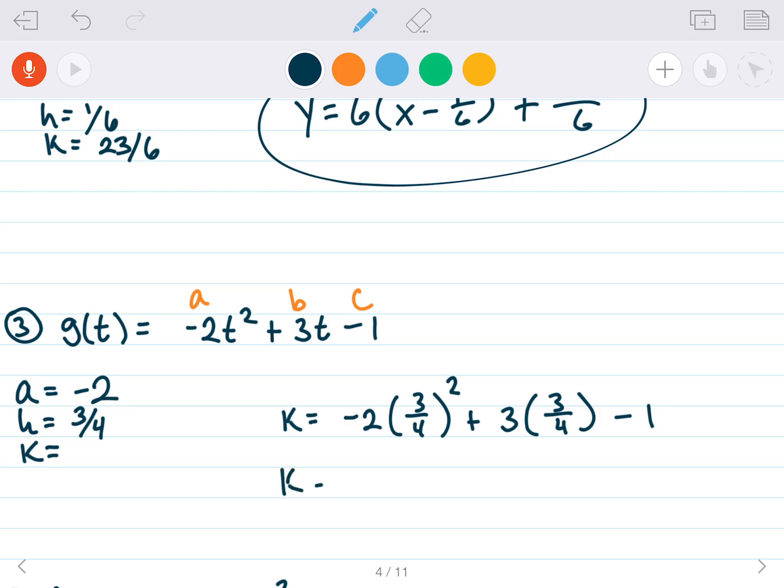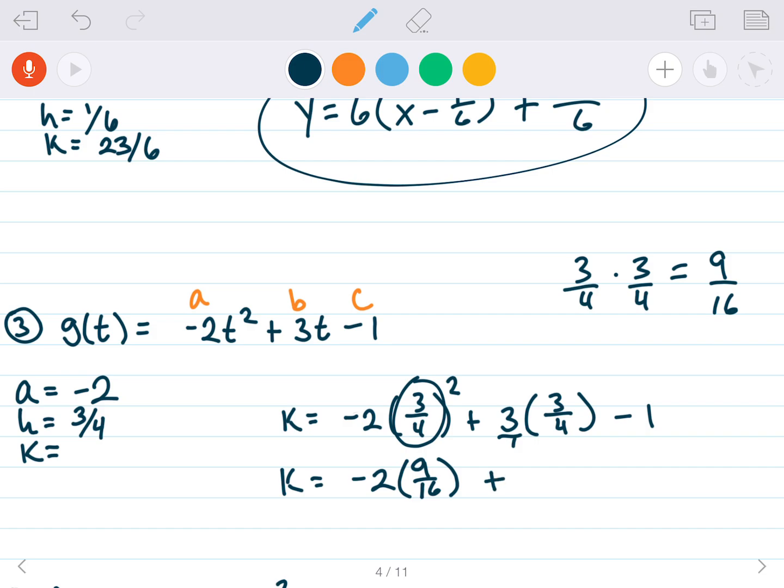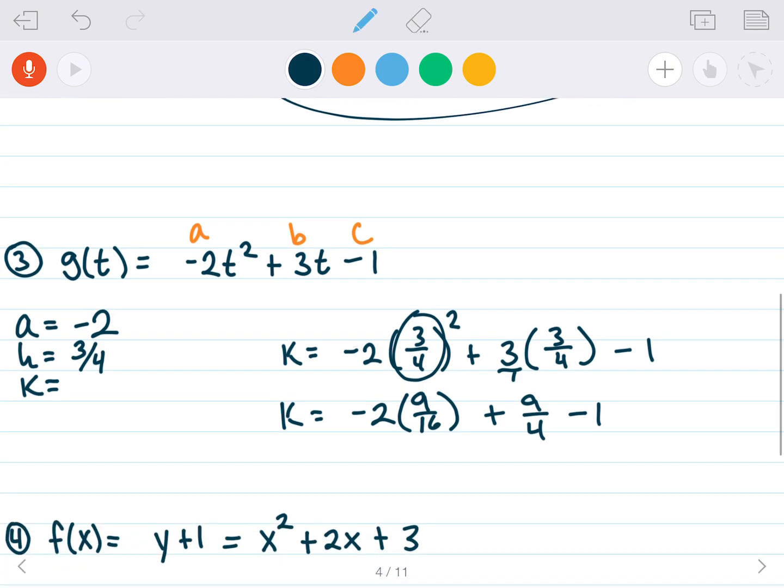Okay. Now 3 over 4 squared, 3 over 4 times 3 over 4 is 9 over 16. So I get -2 times 9 over 16. And then 3 times 3 over 4 multiplying straight across is 9 over 4. So this becomes -18 over 16 plus 9 over 4 minus 1.